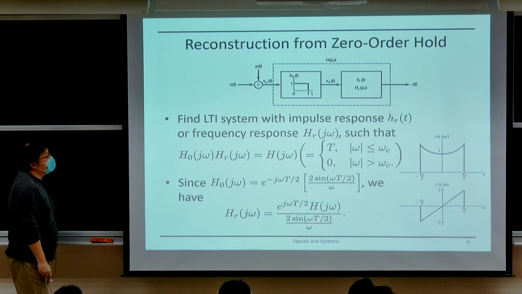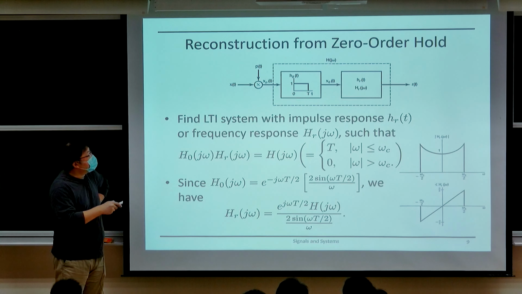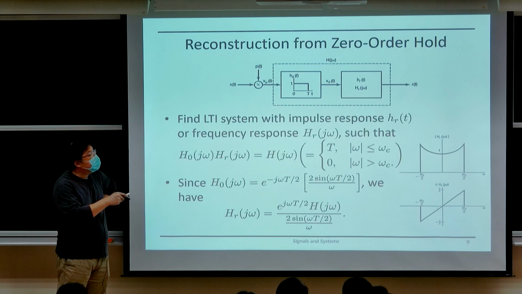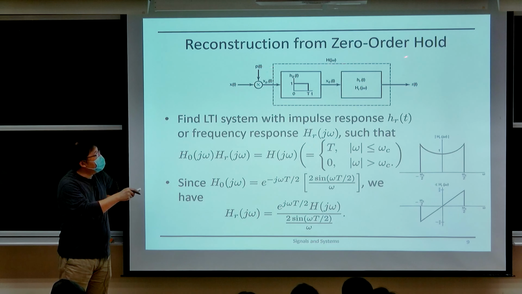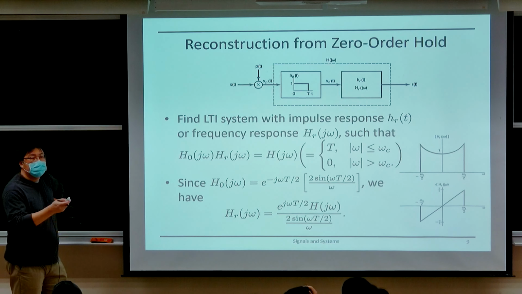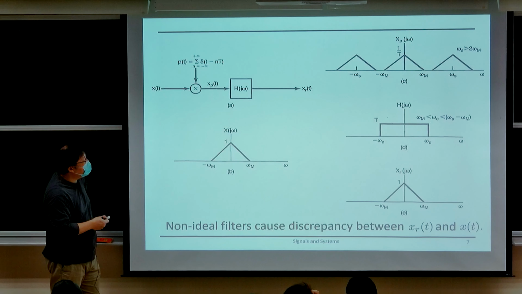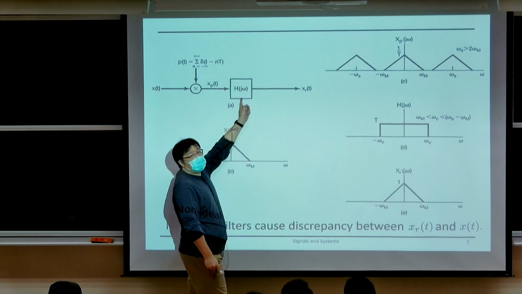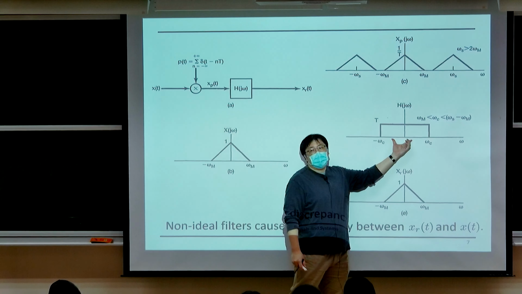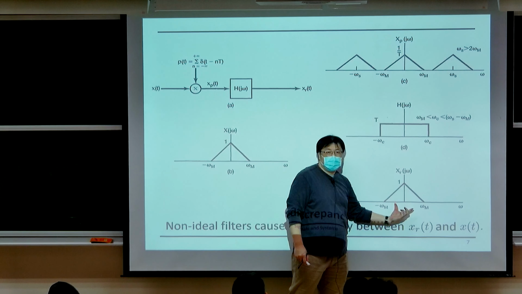Now, in order to get back a signal that is equal to x of t, the effect of the cascade of these two filters should give you an overall frequency response that is equal to an ideal low-pass filter. Originally, we know that if we pass it through a filter with an ideal low-pass frequency response, then we can get back our signal perfectly.